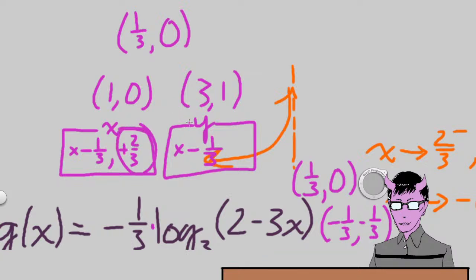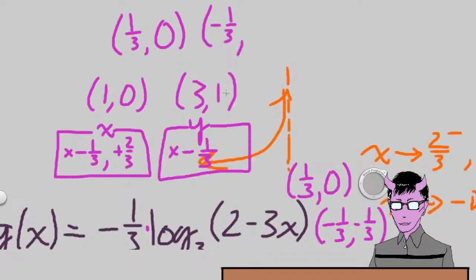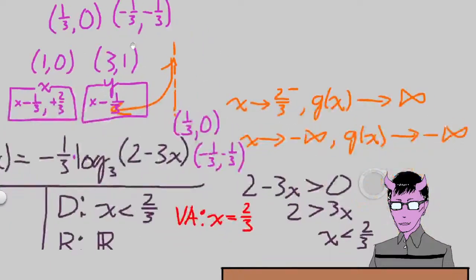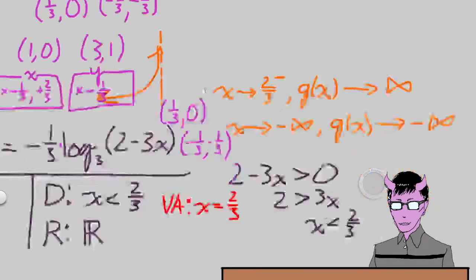And then plus this one is negative 1/3. Apply the y transformation, just times negative 1/3. And thankfully they match up, so that's good. Alright, we can get back to business.